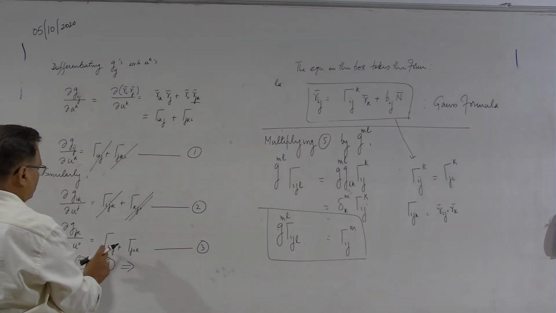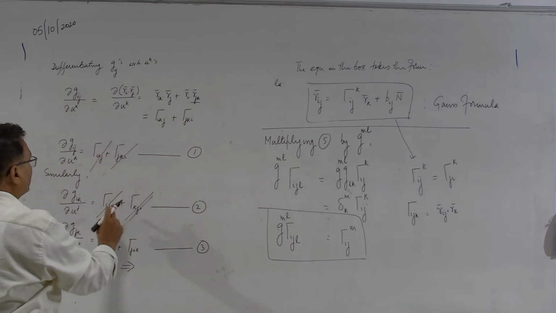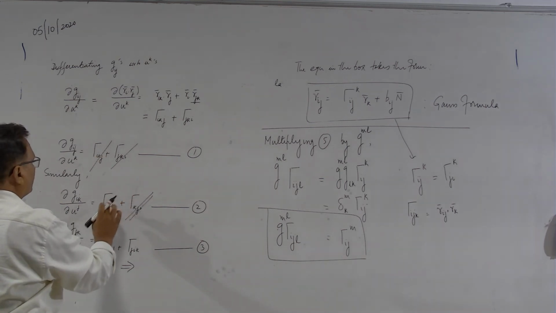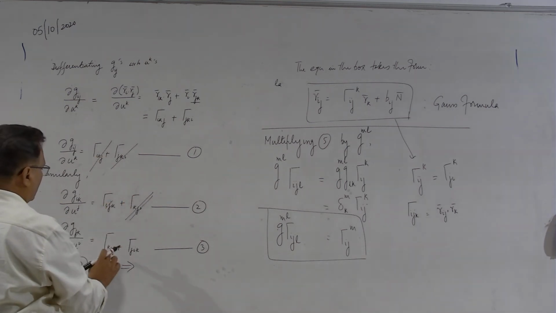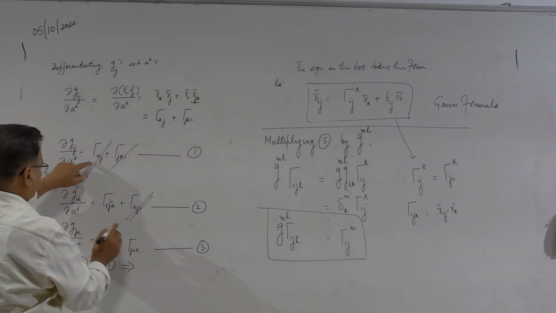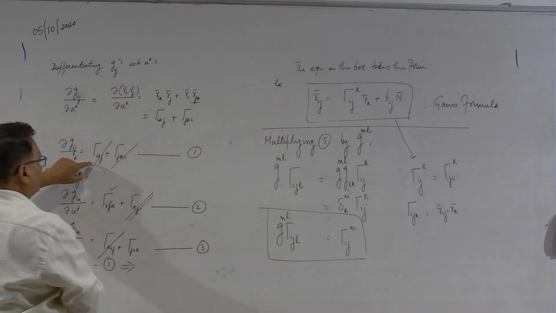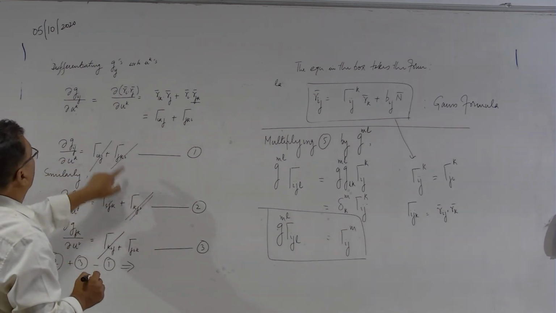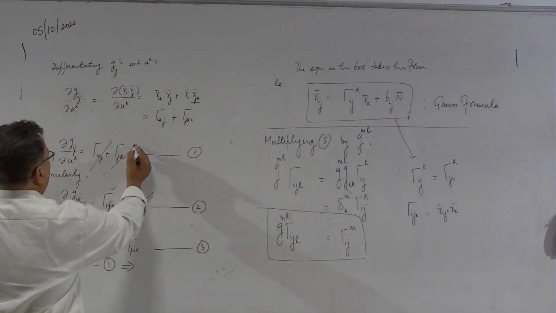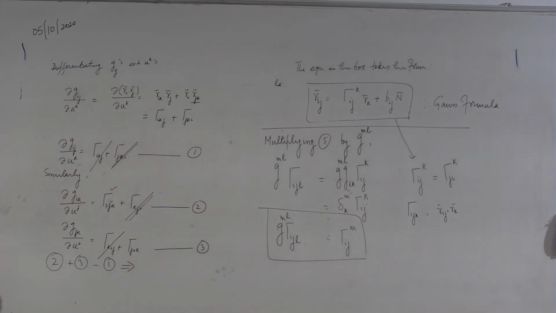First term, [ik,j]. Oh, this is wrong, I am sorry. This will cancel. Okay, you are right, so this is there. [kj,i] and [jk,i] are the same, so they will cancel each other.